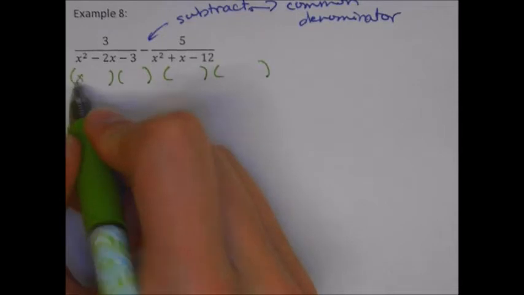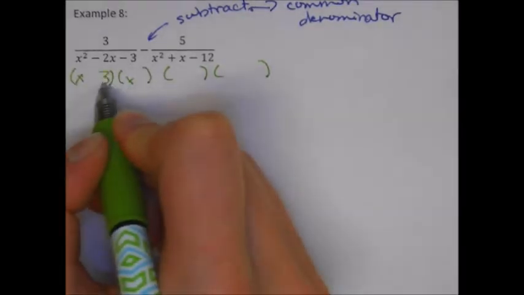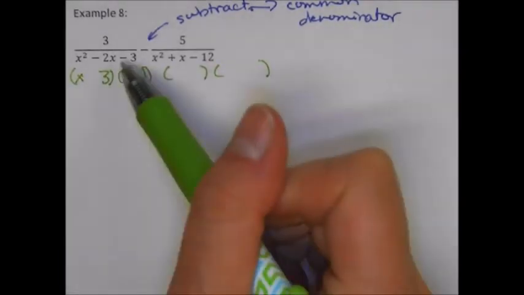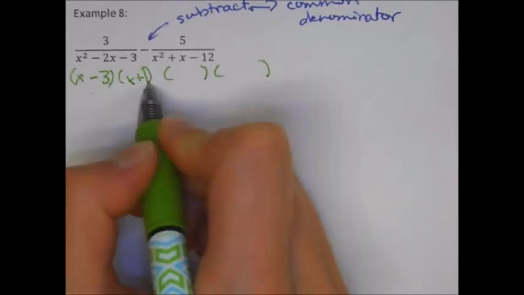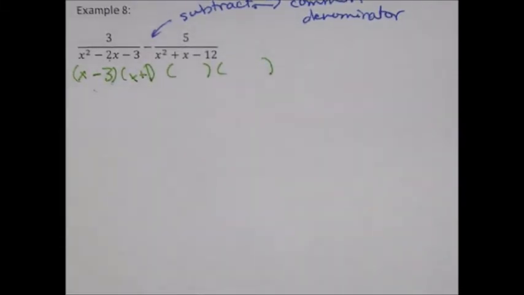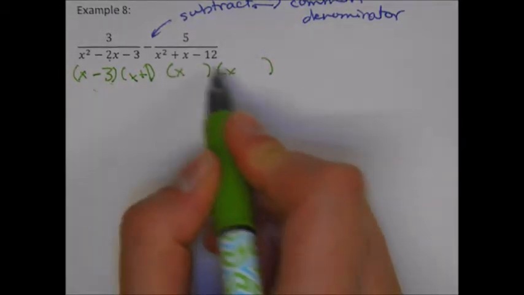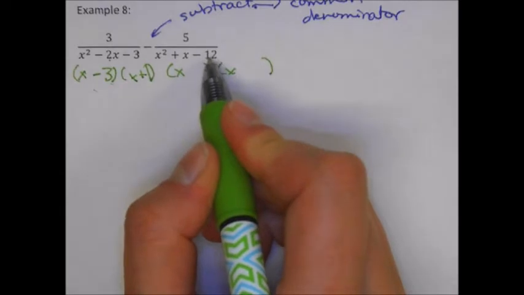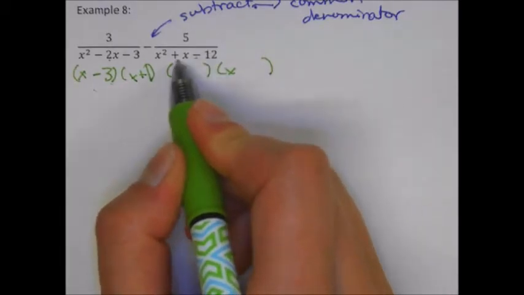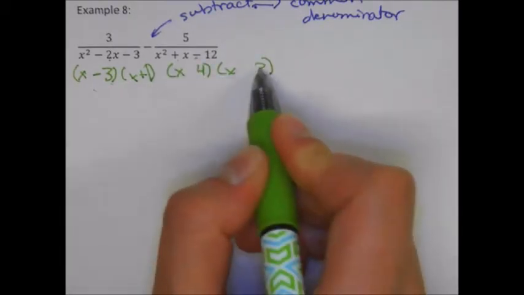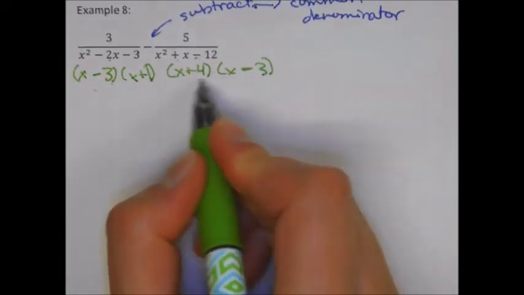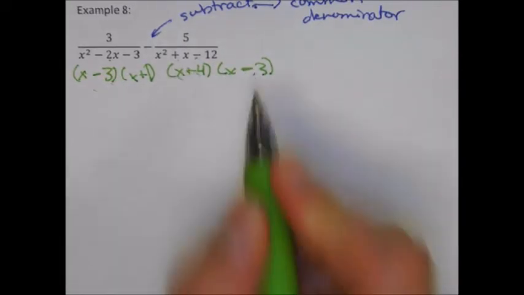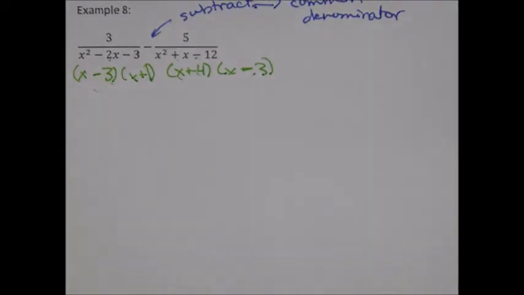See, x and x, what multiplies to 3, 3 and 1. I need a negative 3, so I need this one negative, that one positive. Negative 3, positive 1 gives me negative 2. What multiplies to 12, and then we're subtracting the 1, so let's do 4 and 3. I want a positive 1, so positive 4 minus 3, that gives me a positive 1.